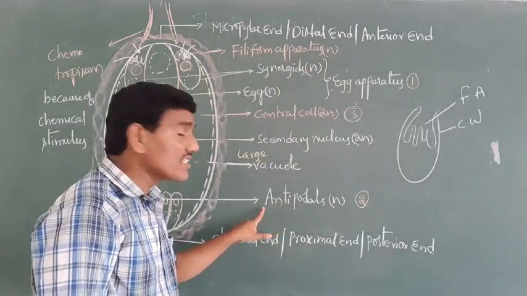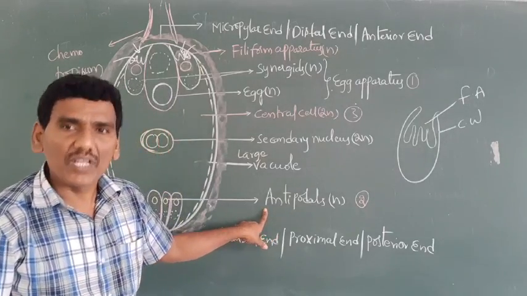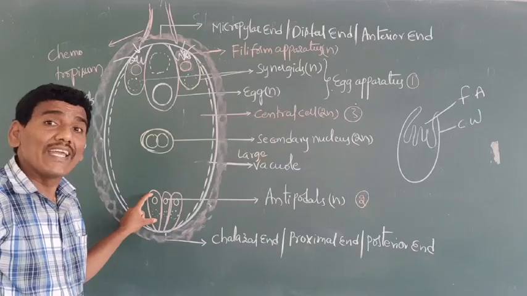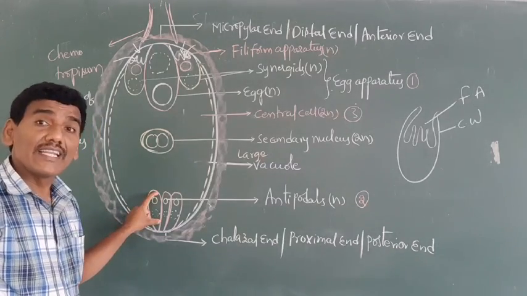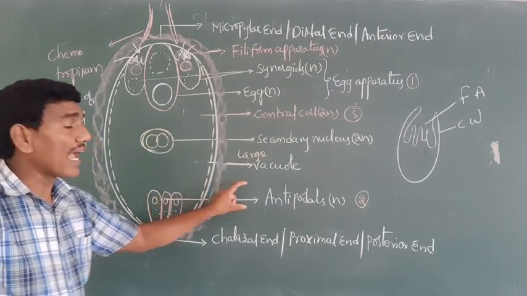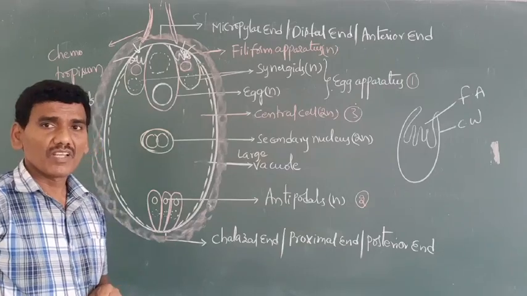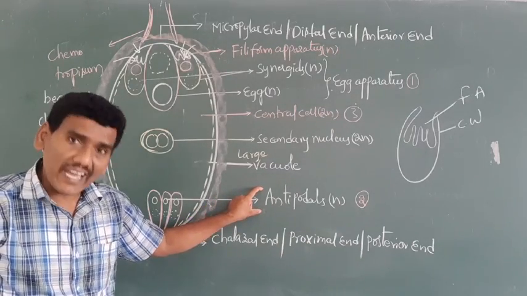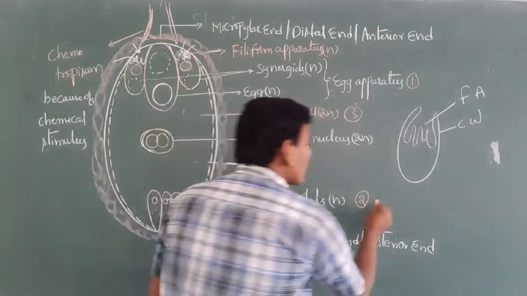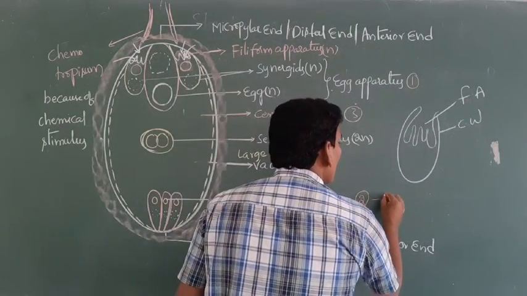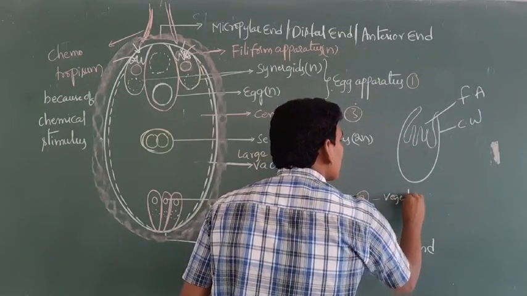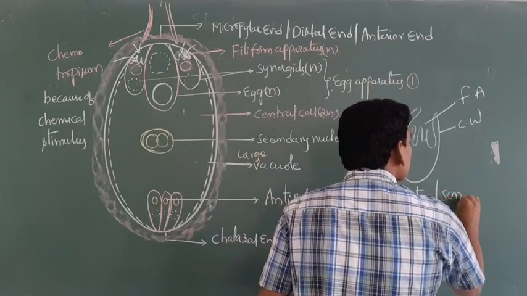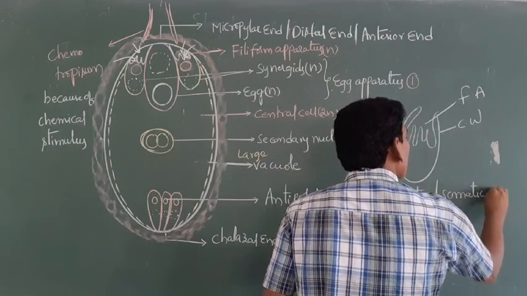The second one is also known as antipodals. Here three cells are grouped together at the chalazal end, called antipodals. Antipodals are considered vegetative cells, or somatic cells, of the embryo sac.